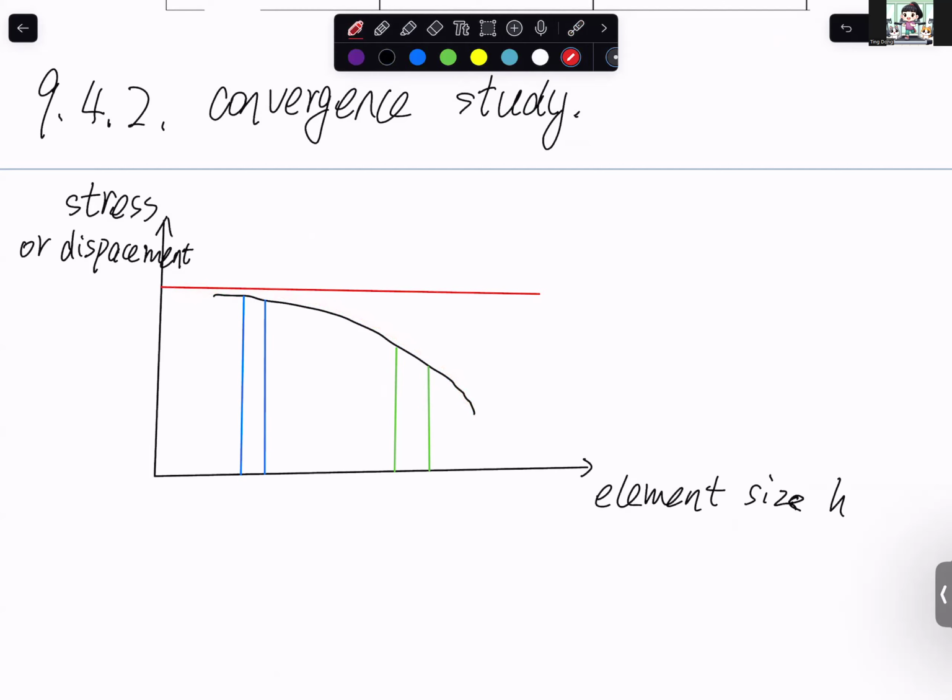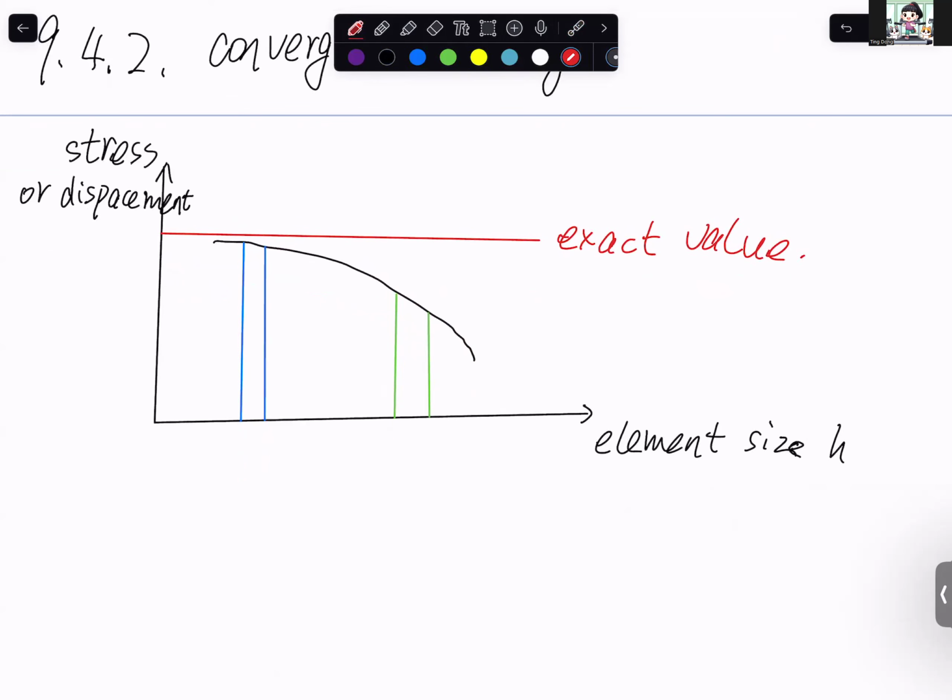But FEA, of course, itself is an approximation. So element size is basically when you define the mesh, you can define the size, the edge length, everything.